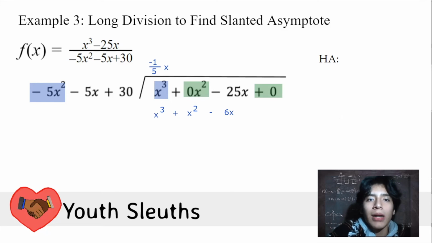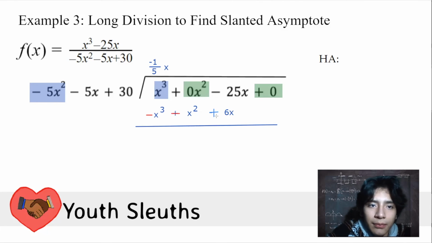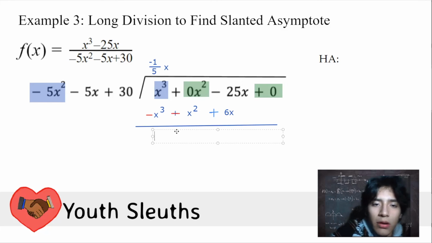And then before we combine, we have to multiply by -1. So this becomes negative. This one right here becomes positive. And now we can combine. So x cubed minus x cubed is just 0.